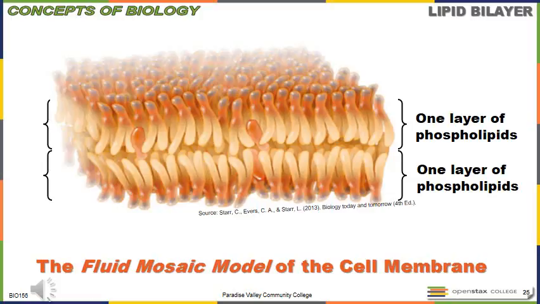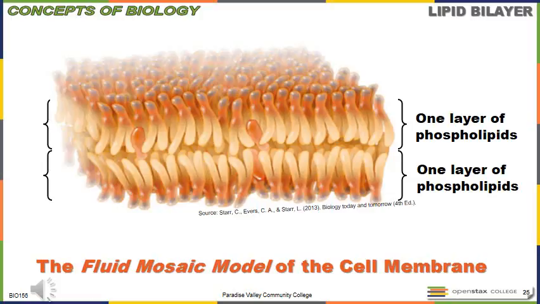And so if you notice, you can see that there's the top row and the bottom row. We've got one layer of phospholipids on top and one layer on the bottom. And it's easier to notice that on the right hand side instead of the left.